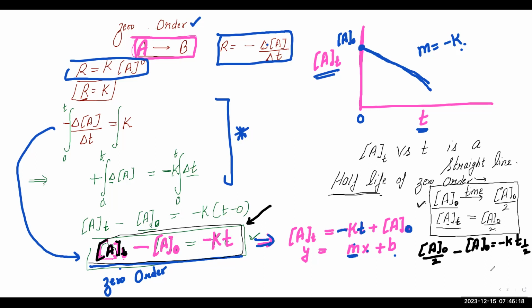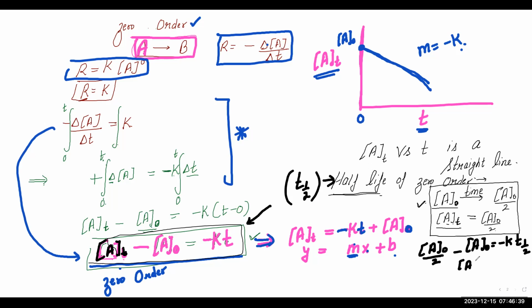What is T? Half-life. T is half-life, right? So I'm writing T 1 by 2 as a subscript to represent half-life. So half-life is represented by this symbol, right? Rearrange. Check how much is this?